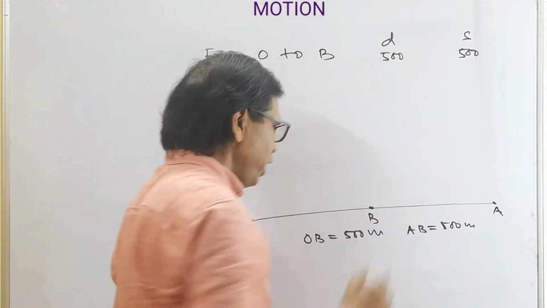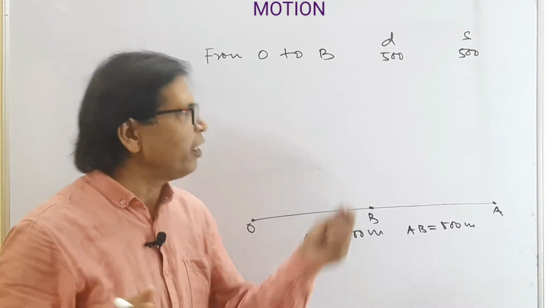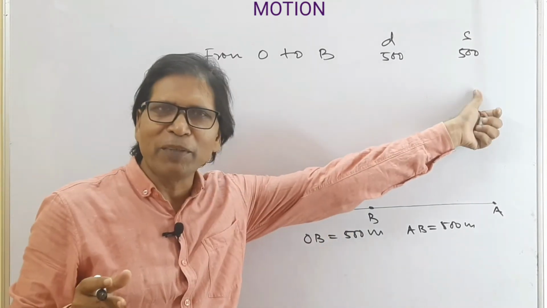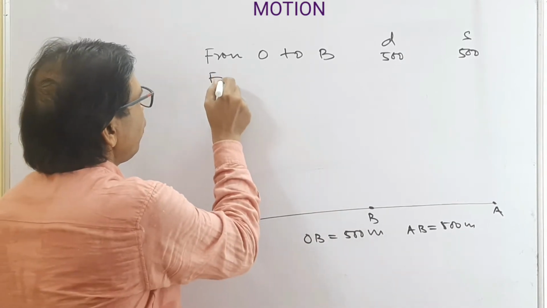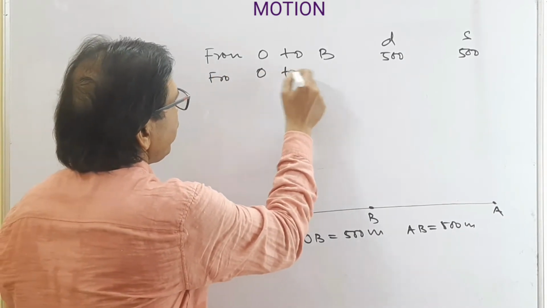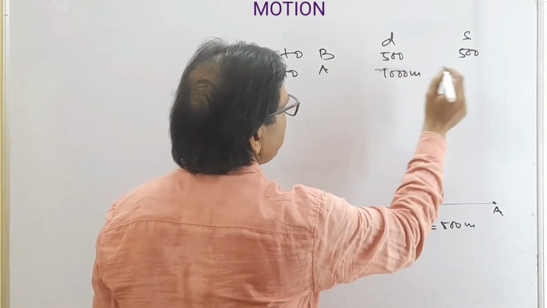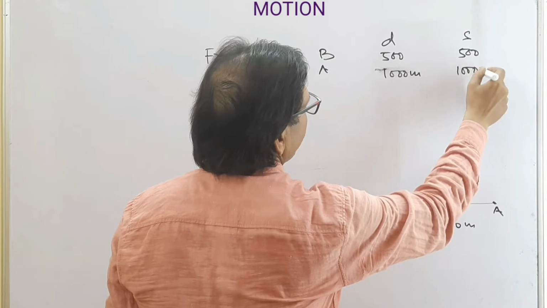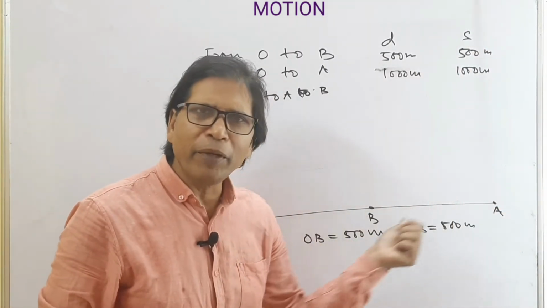So look at this. If the motion takes place in a straight line path in the same direction, distance and displacement are equal. Now, from O to A, distance is 500 plus 500, that is 1000 meter, and displacement is also 1000 meter.